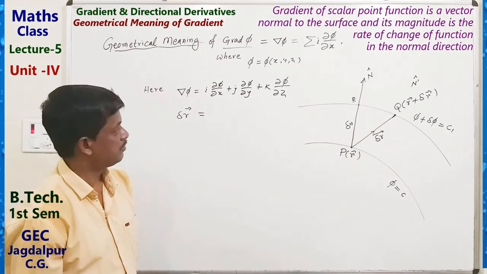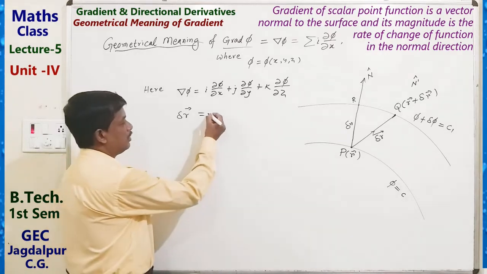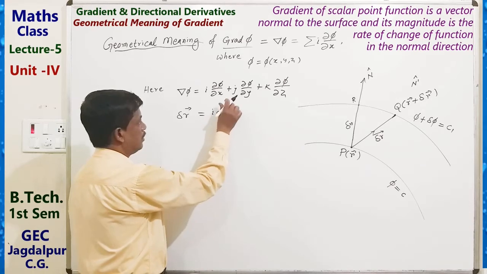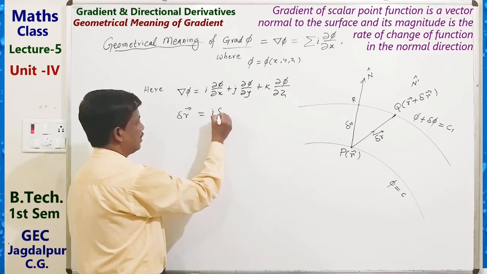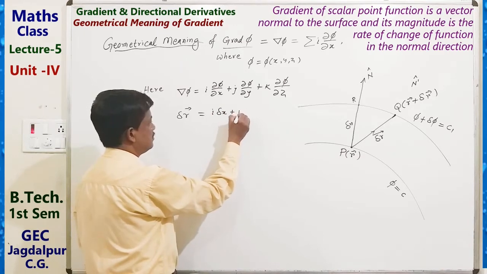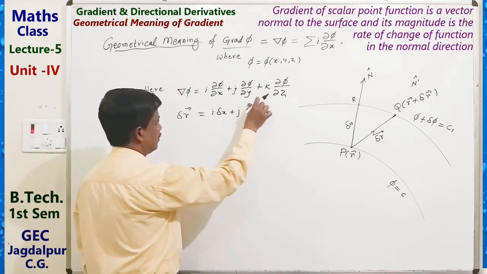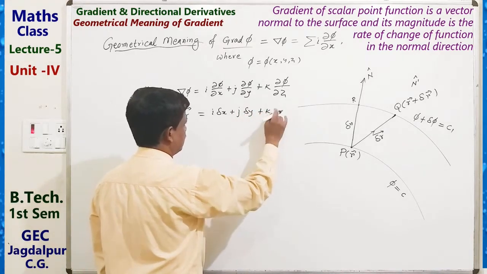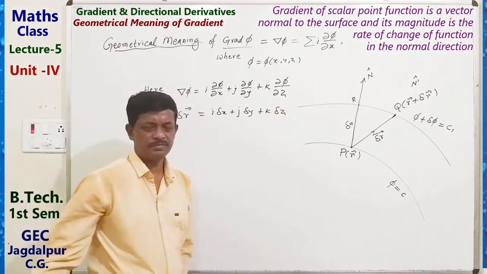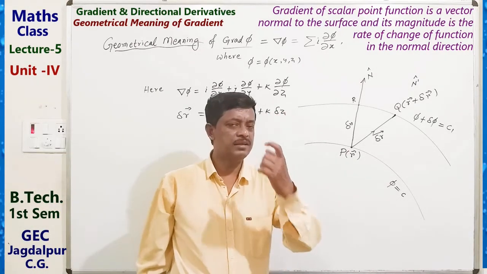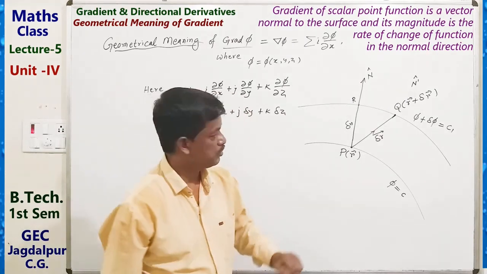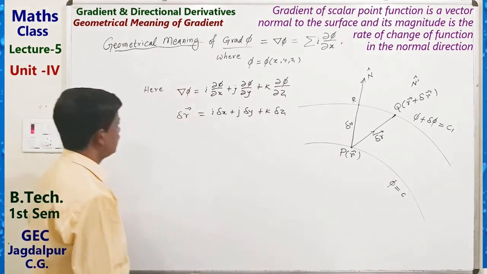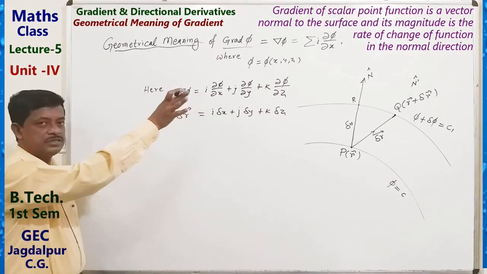Vector delta r is what? i delta x plus j delta y plus k delta z. Here, when we take the limit delta tending to d, we can also write it as d, as a limiting condition. So here, del phi is equal to this, delta r is equal to this.